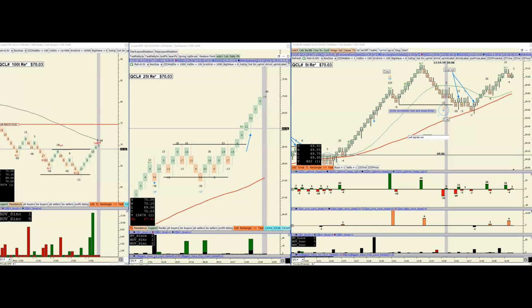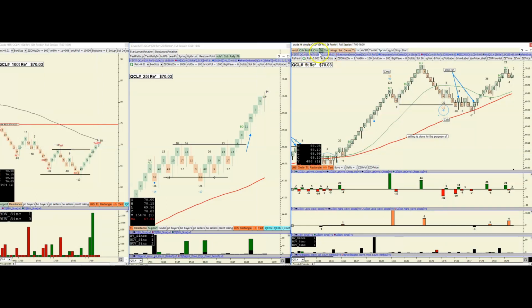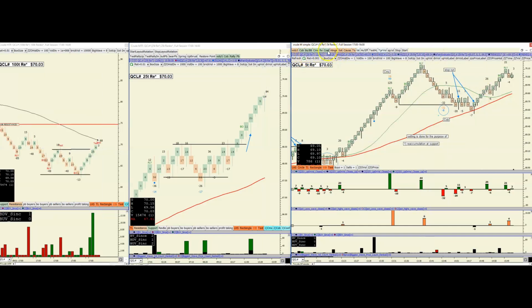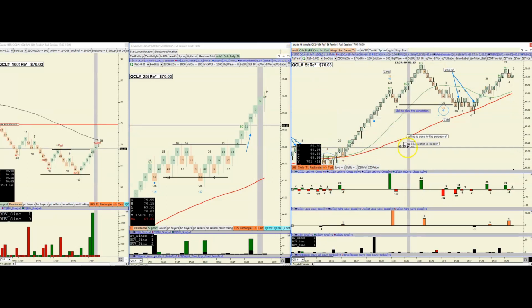sell signals can be created. Or let me just write: selling is done for the purpose of reaccumulation at support, as well as stop runs.